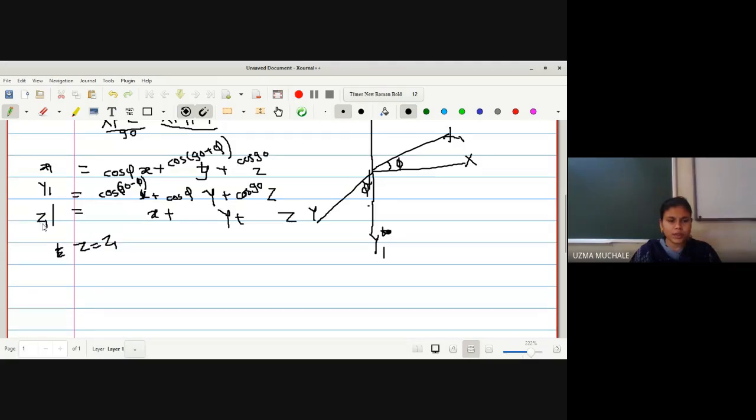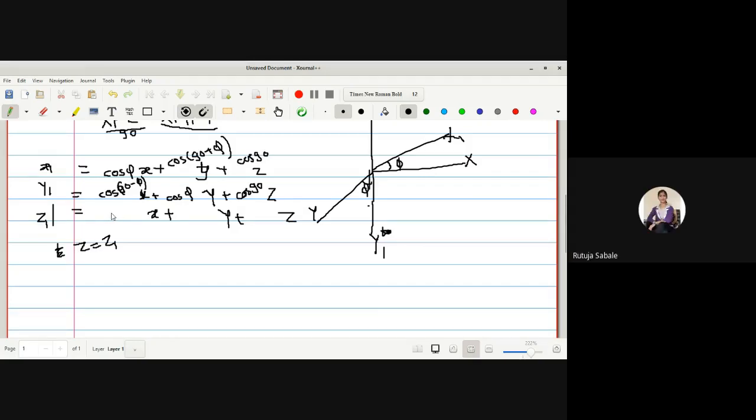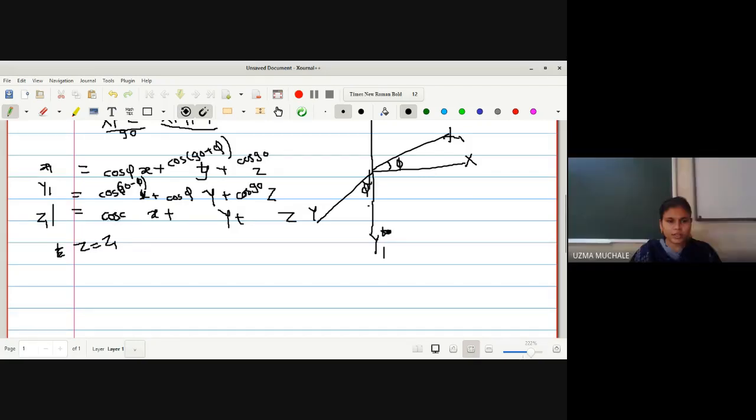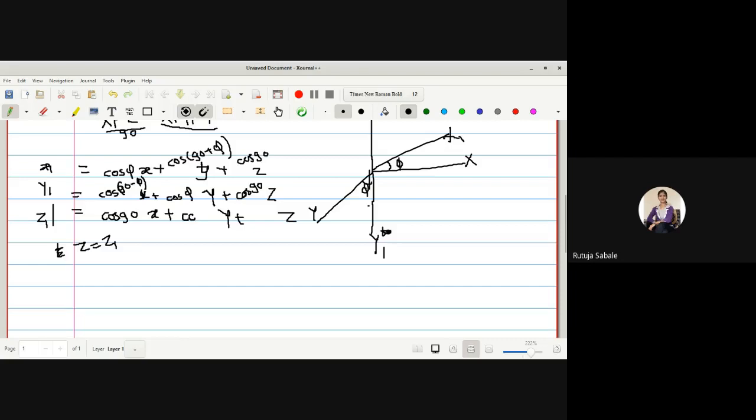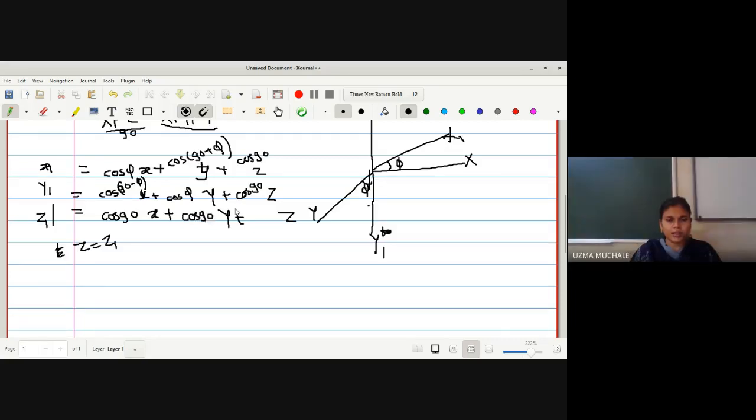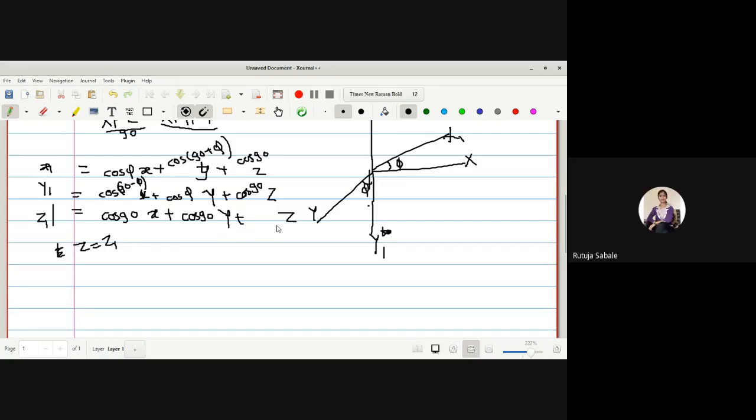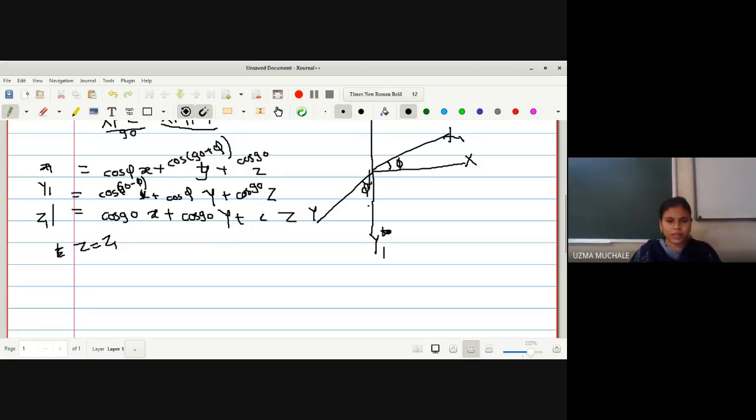If z is equal to z1, what is the angle between z and x? 90, so it is cos 90, plus the angle between y and z, again 90, cos 90. Next, the angle between z and z1, both are equal, so 0. Here we can write cos 0.